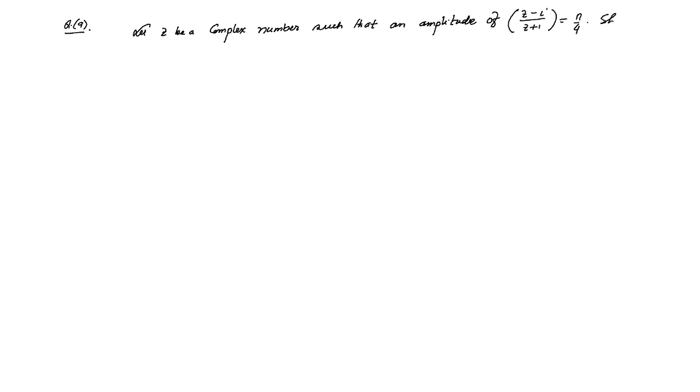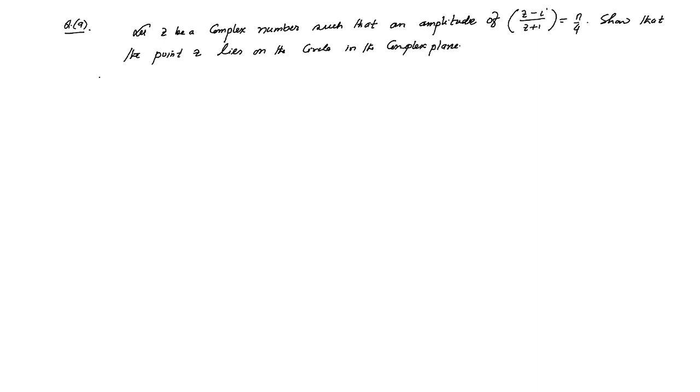Show that the point Z lies on a circle in the complex plane. So this is the question number 9 in the book.